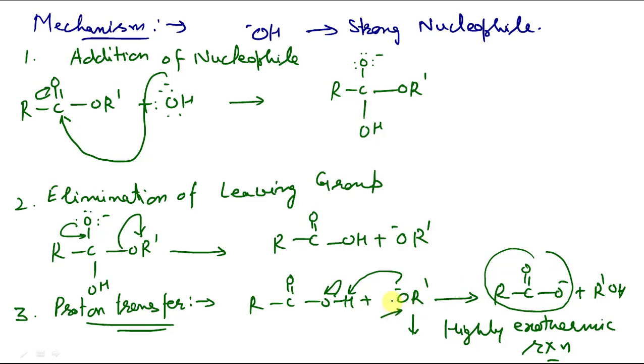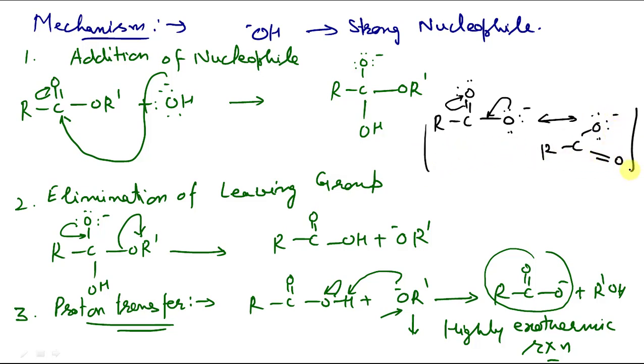The reason is resonance. So I will write the resonating structures here. RCOO negative. So these are quite stable by these resonating structures. If you write resonating structures, we have two identical resonating structures of these carboxylate ions.